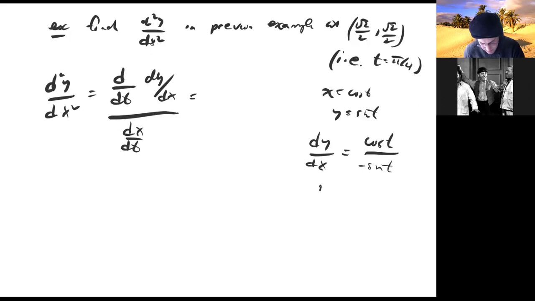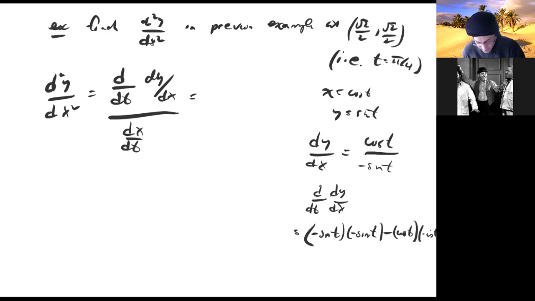So what is d by dt of dy dx? That's going to be the bottom, which is negative sine t, times the derivative of the top, which is negative sine of t, minus the top, which is cosine of t, times the derivative of the bottom, which is the negative of the cosine of t, over the square of the bottom, which is the negative of the sine of t squared.